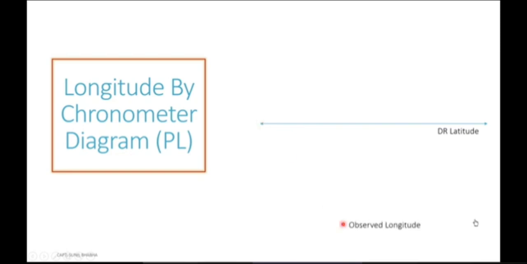Now we have also calculated the observed longitude. So let's plot the observed longitude also. You have this vertical line representing the observed longitude. Now this position, that is the DR latitude and the observed longitude, is the position from where the PL passes. Now once you have this, you draw the azimuth of the body. We have obtained the azimuth also. Let us assume that the body was somewhere here, and if you plot the azimuth, it will be represented by this red arrow line.